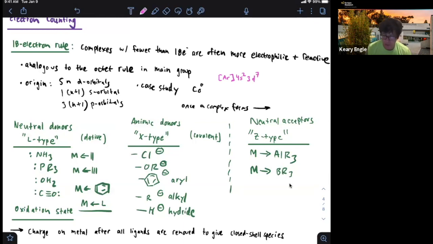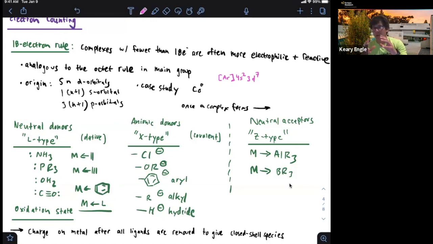And so this is considering filling up orbitals from lower to higher energy in considering atomic cobalt metal in the gas phase.